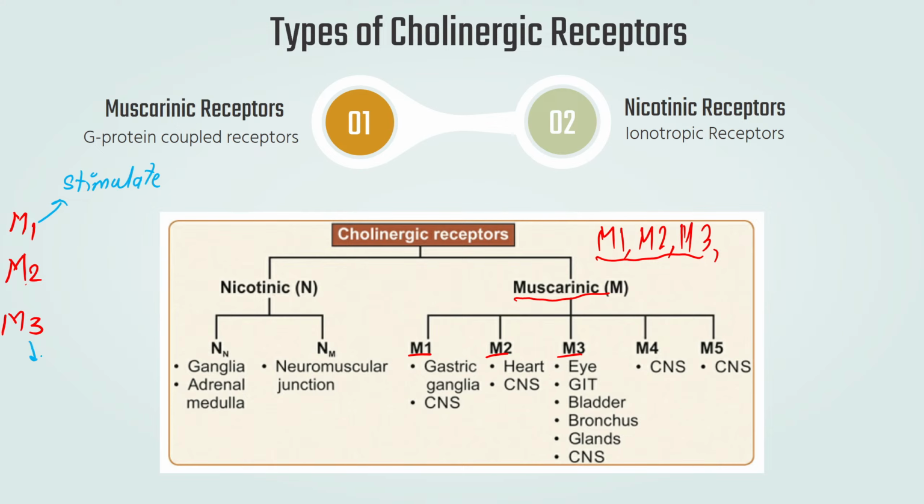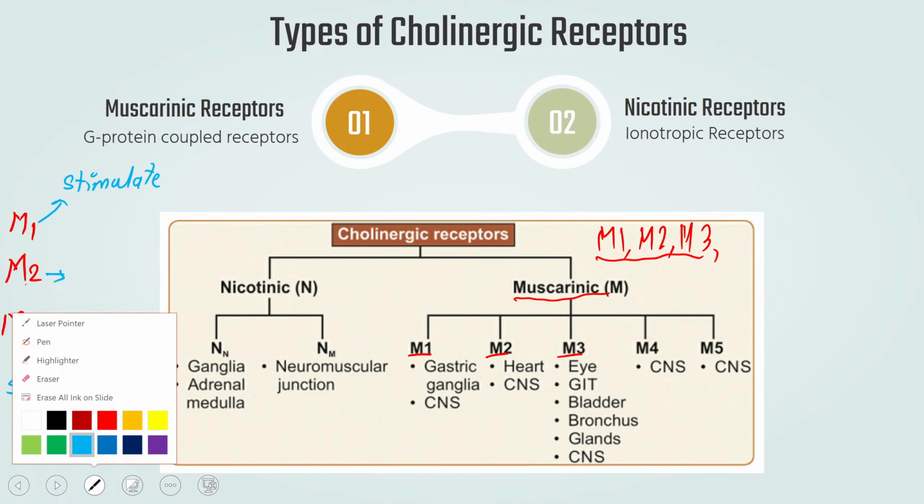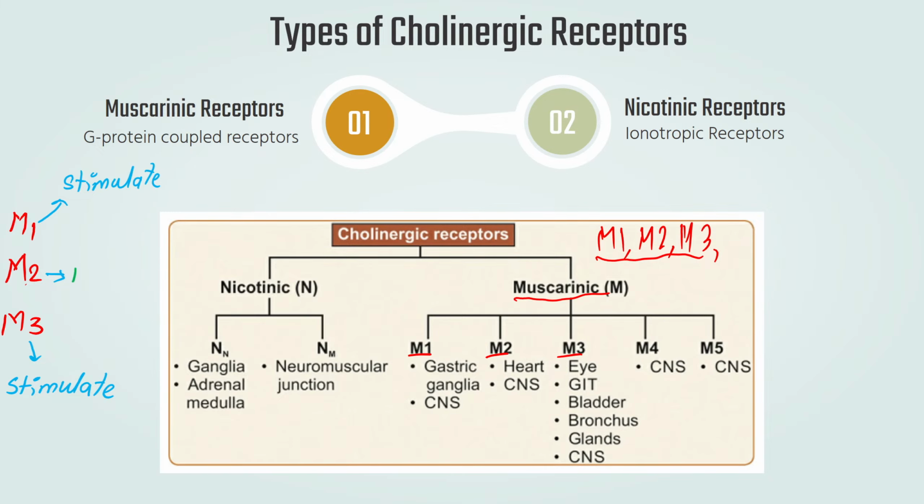They will stimulate it, increase its activity, in whichever organ or glands they are present. But M2 will inhibit, it will repress, it will reduce activity.